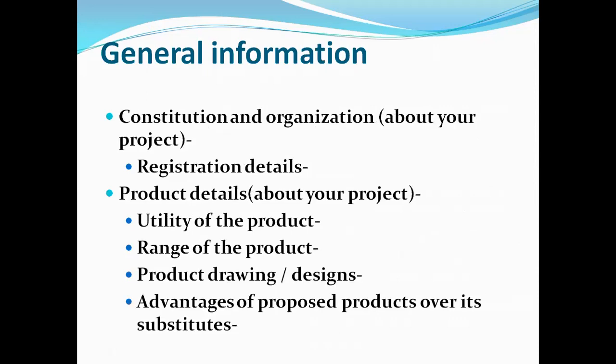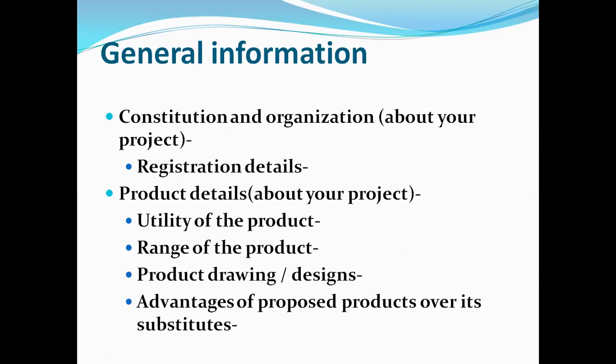Then constitution and organization, registration details, because some businesses require some licensing procedure. Getting, so registration details, then product details, utility of the product, range of the product, whether it will be a small one or a large one.